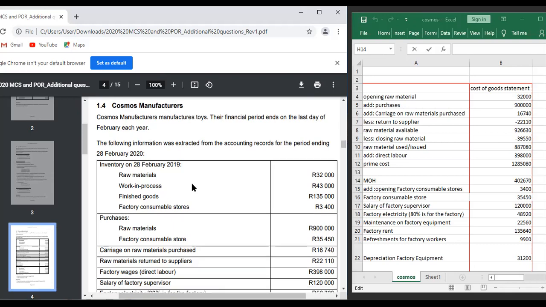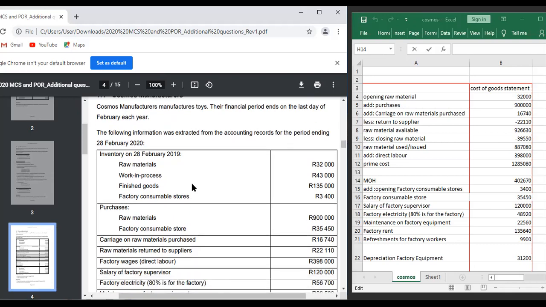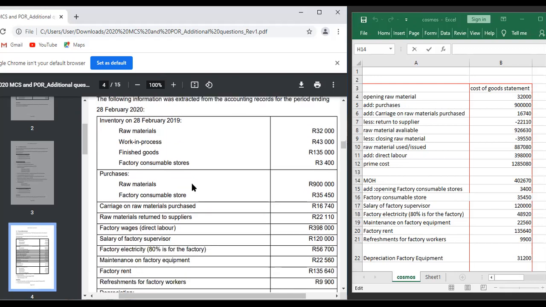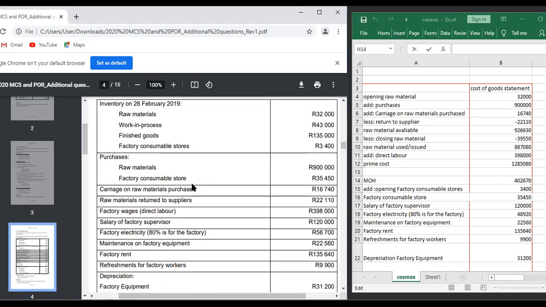And then during that year, we purchased raw materials and the factory consumables. We incurred the cost of delivering the materials to our stores, termed the carriage on raw materials. There were raw materials that were returned to the supplier.